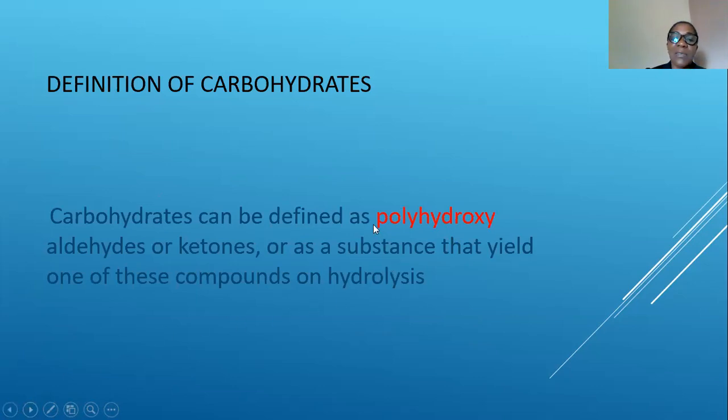When we talk about polyhydroxy, that means it contains a lot of hydroxy groups, or any compound that when it is broken down yields polyhydroxy aldehydes or ketones can be comfortably called carbohydrates. I know that aldehydes and ketones are not strange words to you, because you must have met them in your secondary school chemistry.